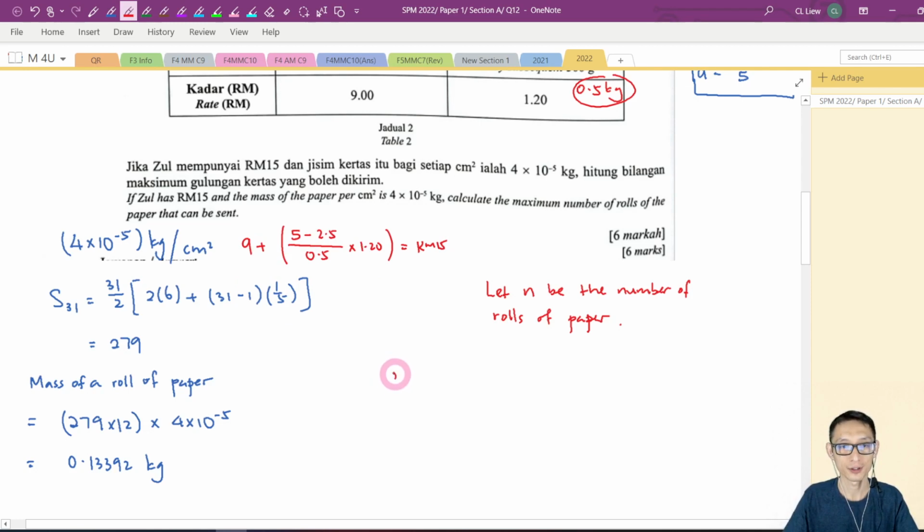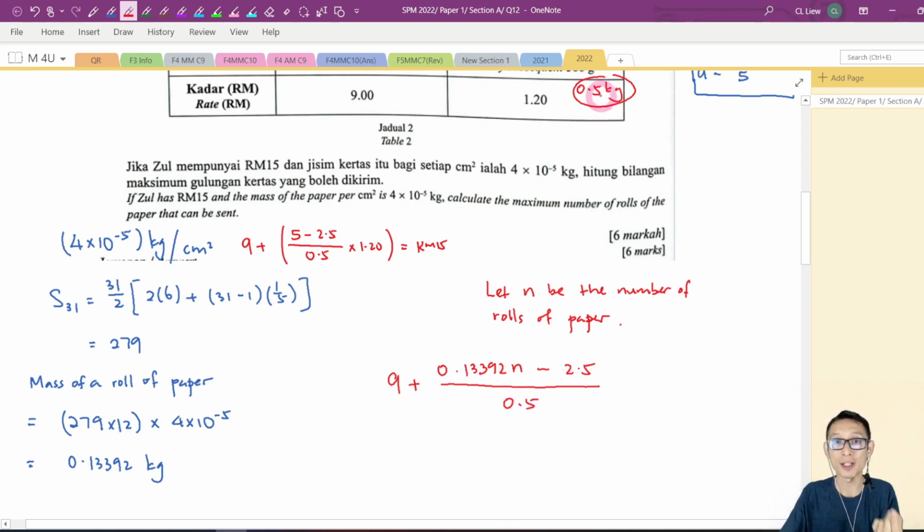So 9. Okay, this time this is not 5. This is one roll will be that weight. So we have n roll. So it will be 0.13392 n. Okay, minus 2.5. As I told you just now, this 2.5 is for 9 ringgit, and then divided by 0.5.